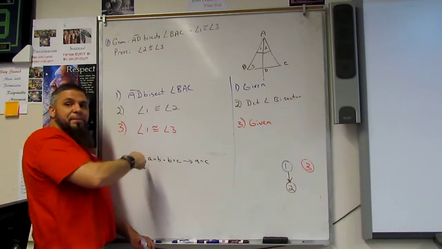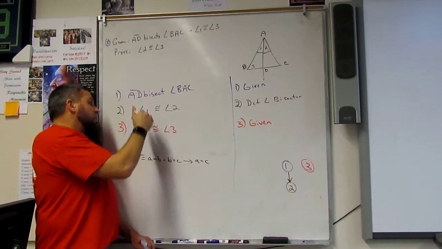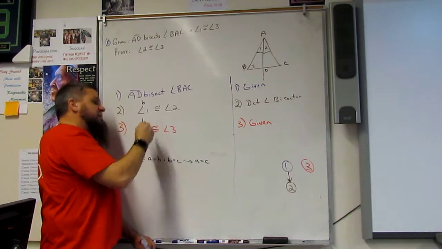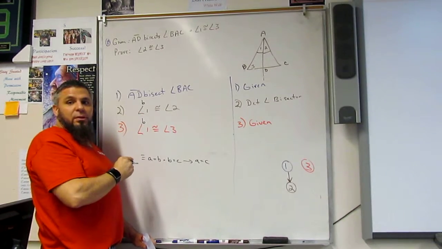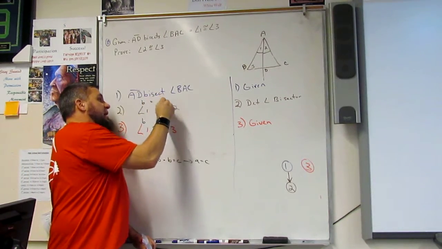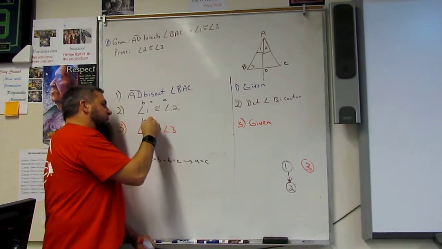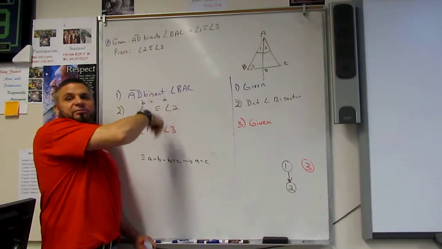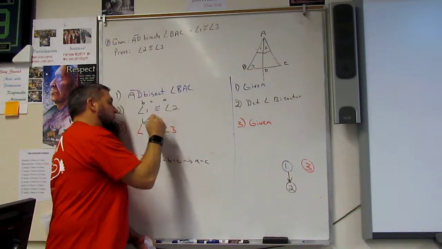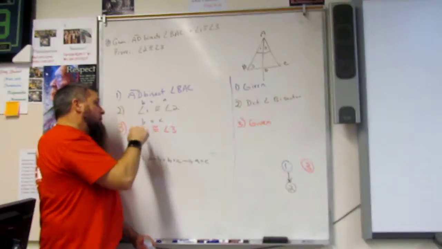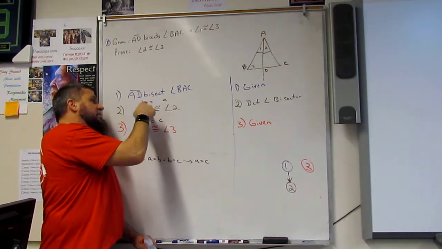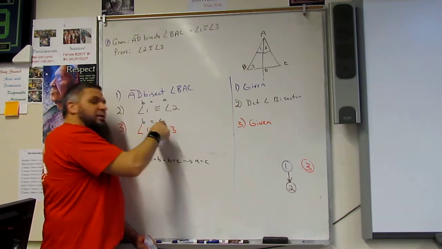Which one's the same? The B's. So we want to put this as a B and this as a B, right? Now if B is equal to A or C, it doesn't matter, right? Then this would have to be A or C, but the opposite of the other one, right? Okay? And so now, if A is equal to B and B is equal to C, then what?